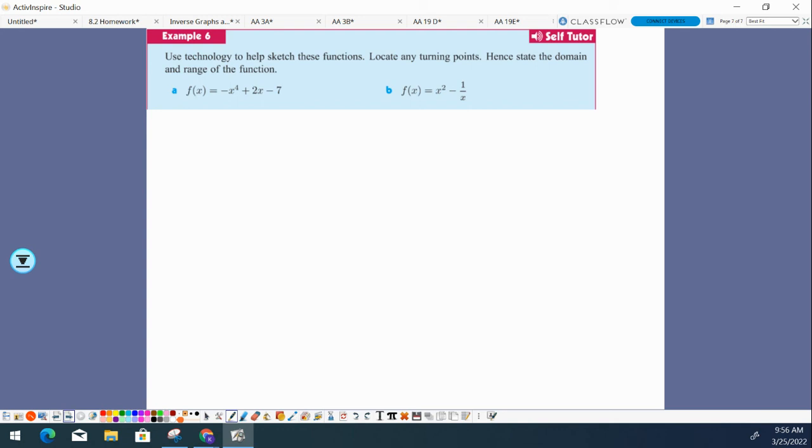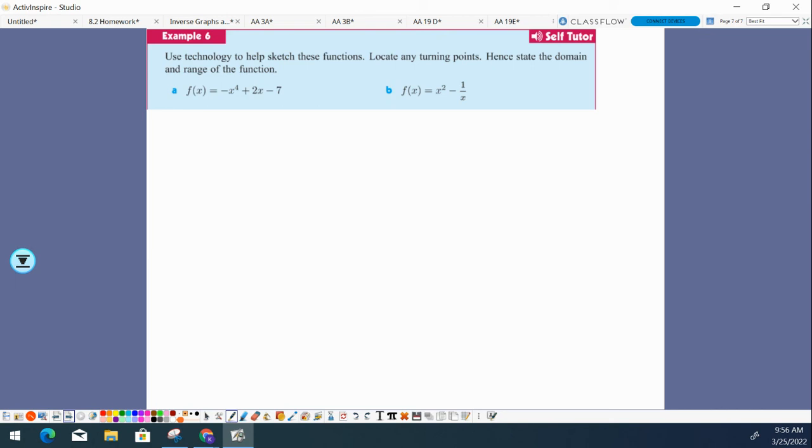So go ahead and get your calculators out, enter f of x into your y equals, and graph it. I'd probably just graph it on a standard negative 10 to 10. So if you're not in a good window, you can zoom standard.